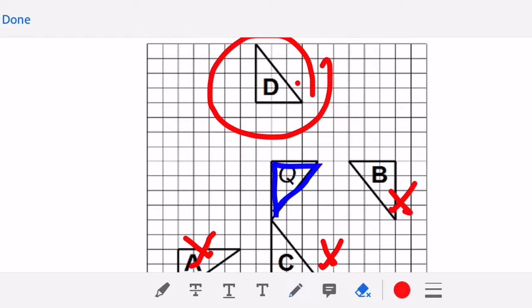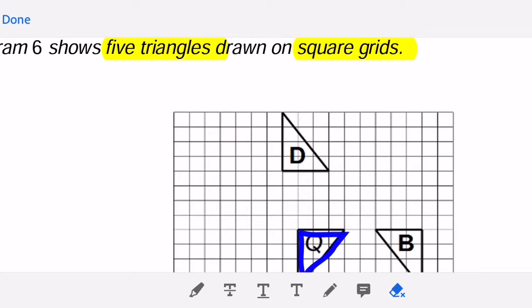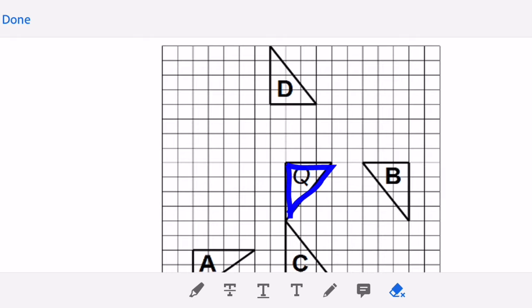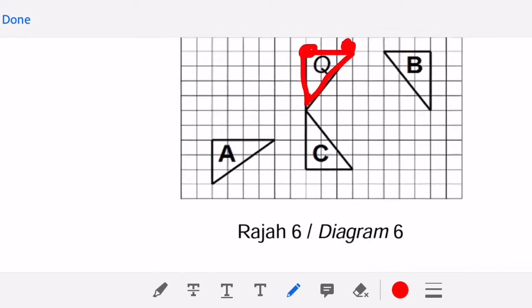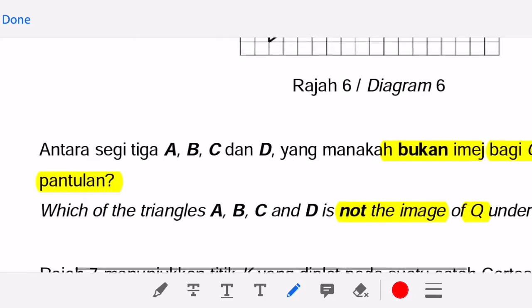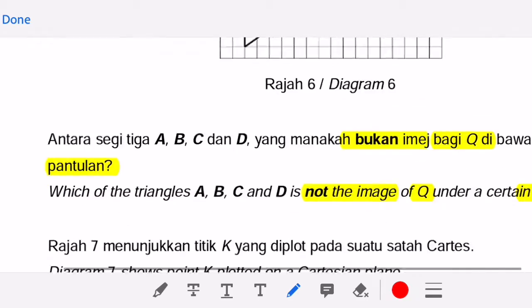For your information, if you try to find the midpoint between Q and D, it is impossible. You can't find a midpoint between this point and this point. They are not the same. So you cannot draw the line, so you don't have an axis of reflection. So this should be the answer. Reflection always goes for perpendicular distance and also midpoint.